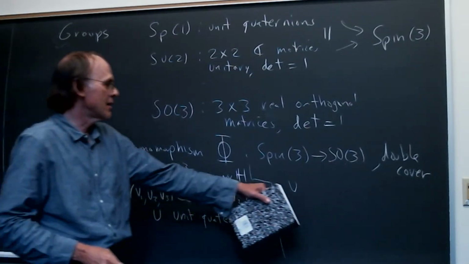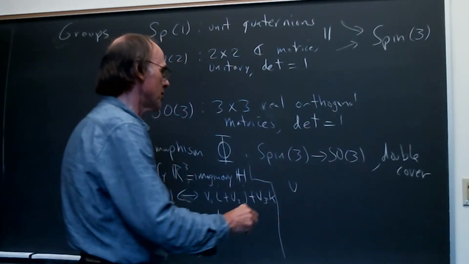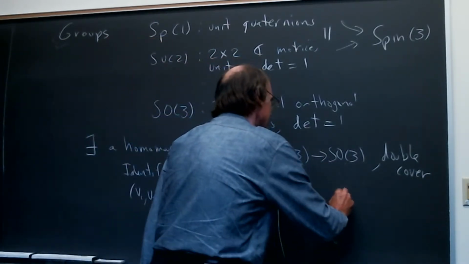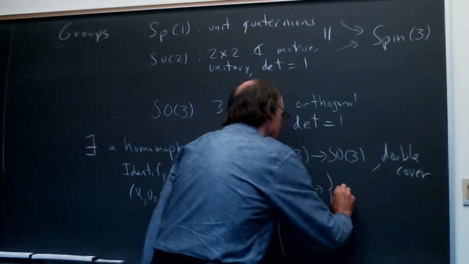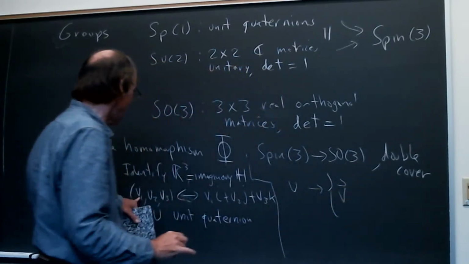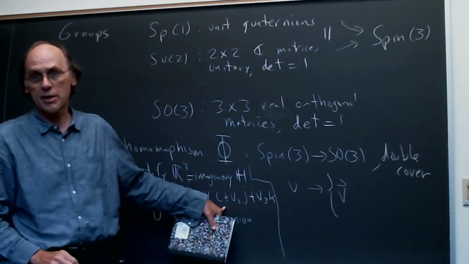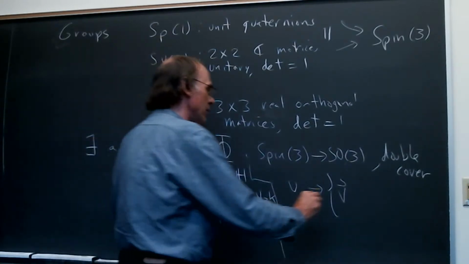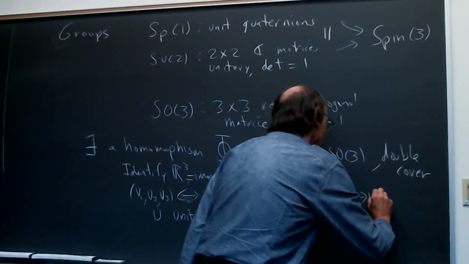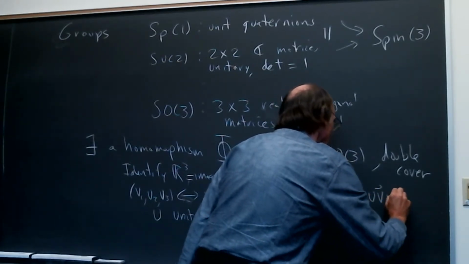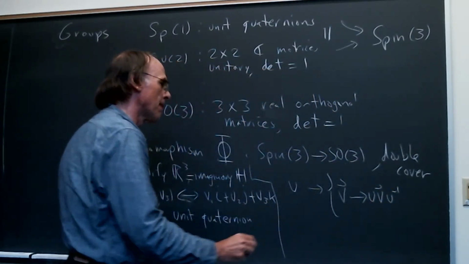Well, the way to see what rotation you're going to get is you look at the rotation that takes a vector, where you think of it as an imaginary quaternion, and then you just conjugate by this guy. Okay.